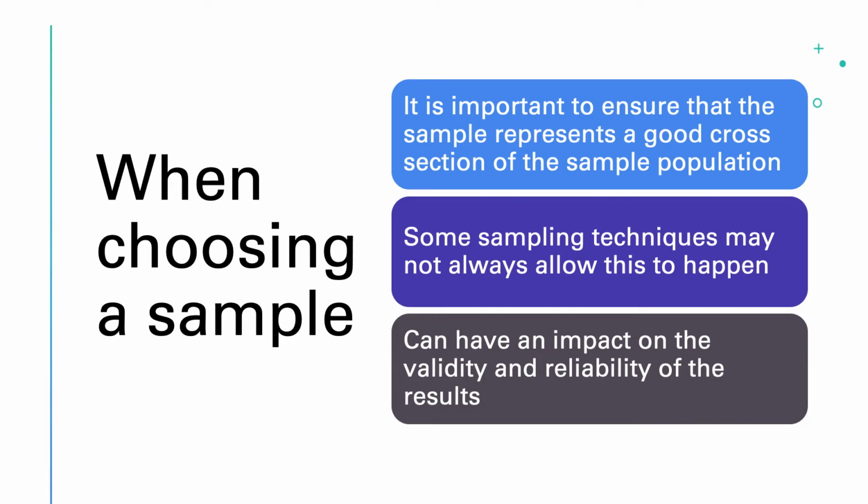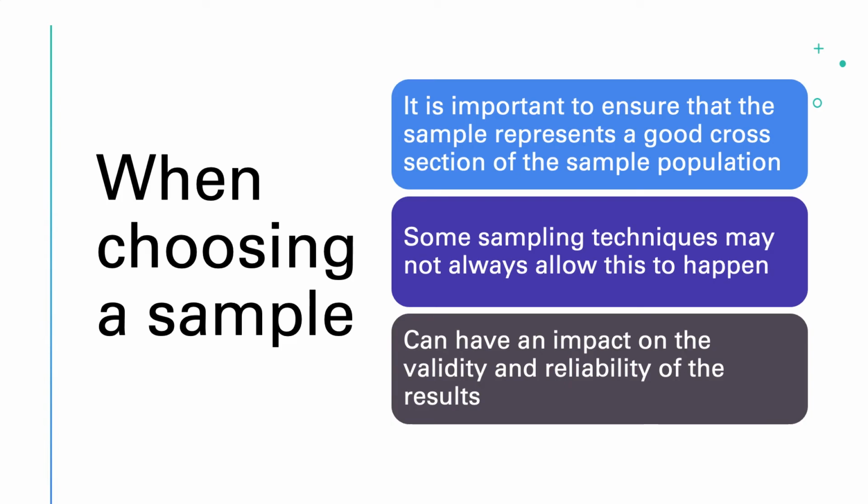Now, when you choose a sampling technique, or if you were a researcher, a lot goes into it which you don't really need to know about for this module, but I just want you to be aware that it's important that the sample represents a good cross-section of the sample population.